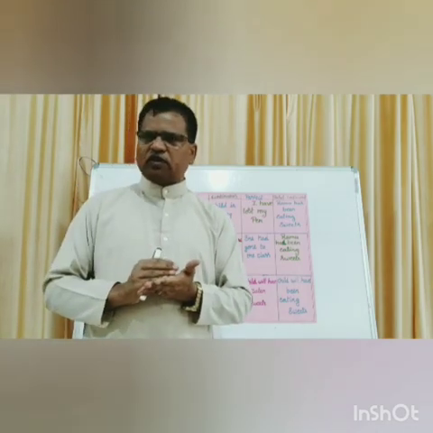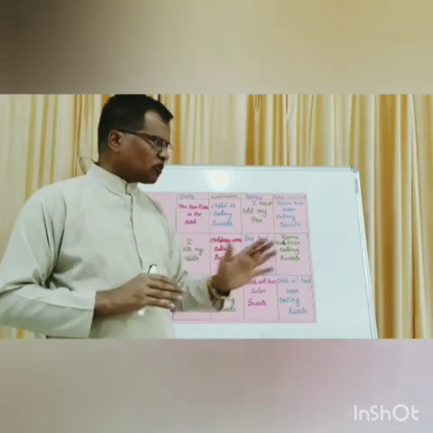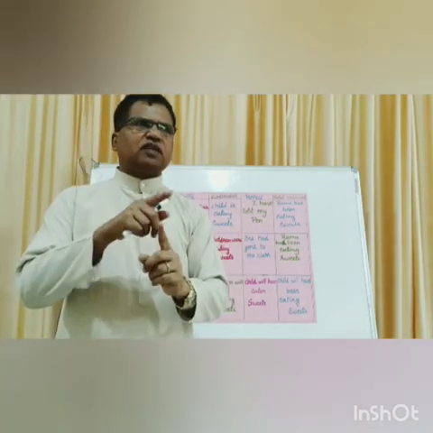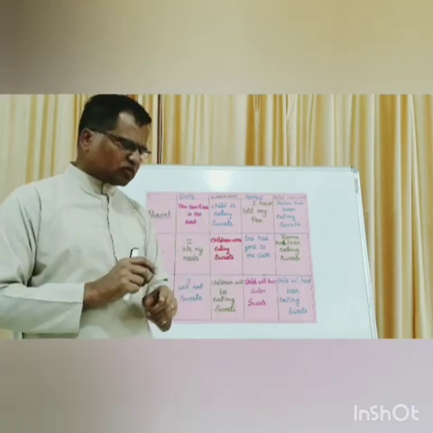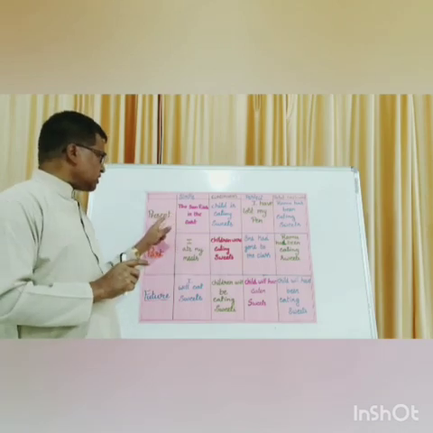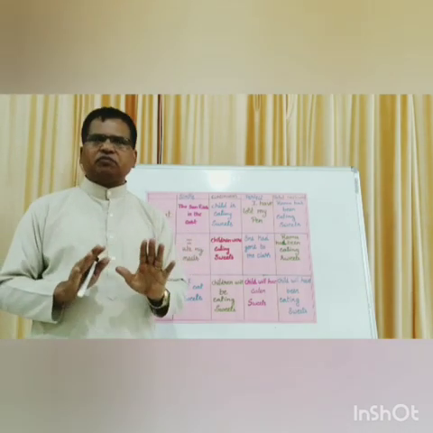Also we need to know the helping verbs. Each column has its own helping verbs. By looking at the helping verb, you will know which column it comes from. Except two columns, present simple and past simple, there is no helping verb. They don't carry any helping verbs.